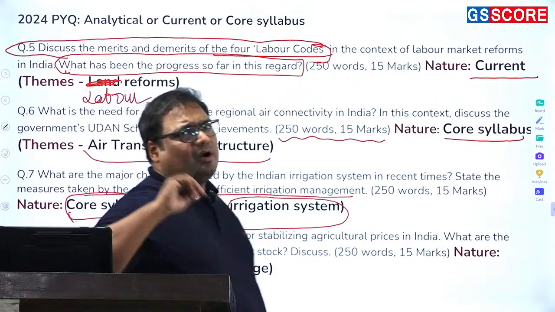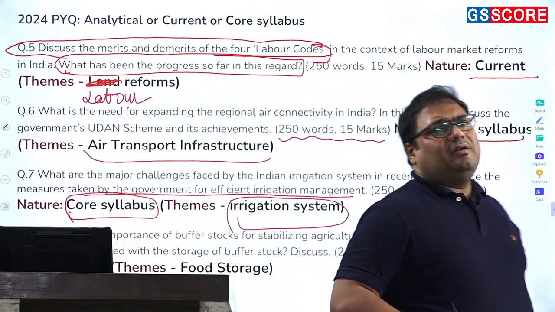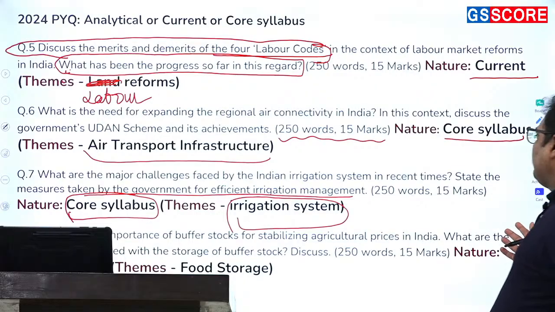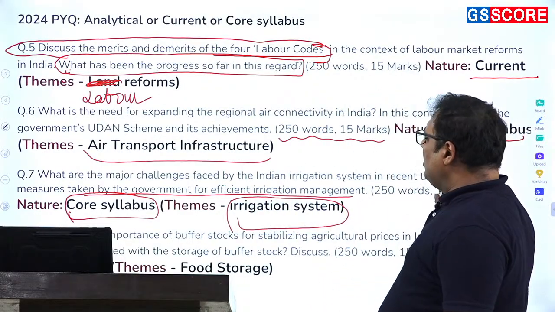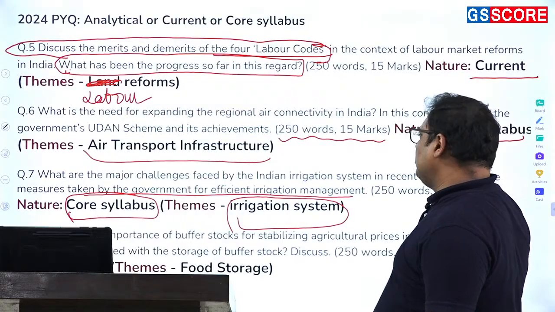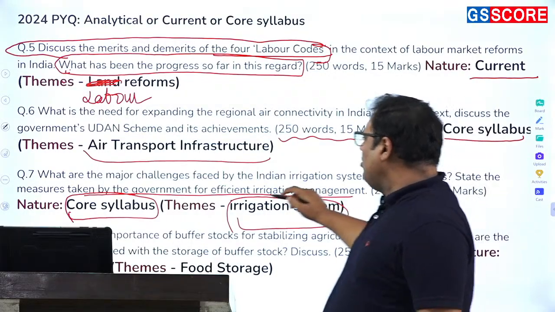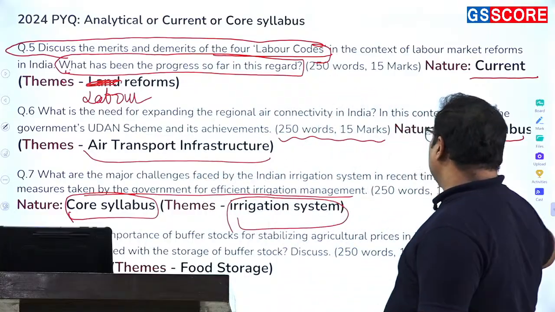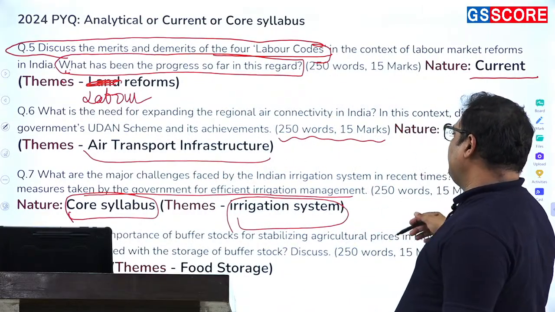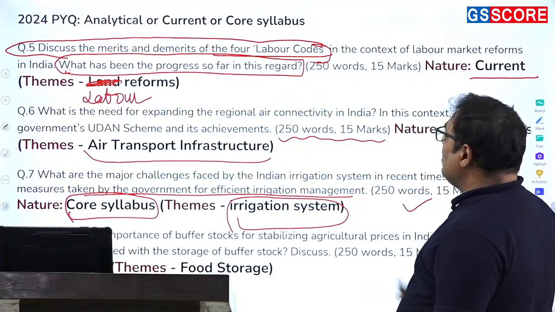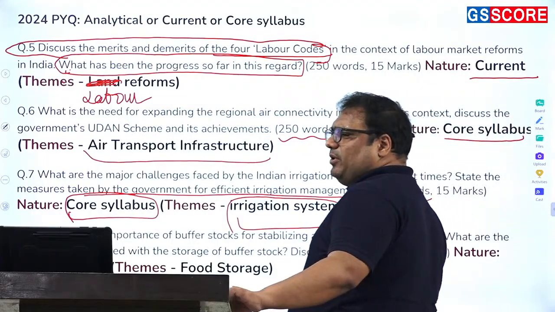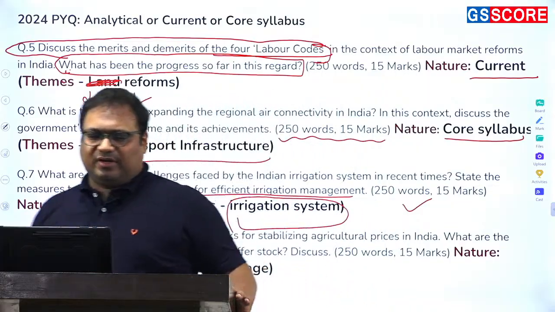Irrigation system is part of your syllabus, and it is not based on certain current affairs or on any application based topic. So directly you have to talk about the Indian irrigation challenges and the government steps. So a direct question from the syllabus. As I was saying, your syllabus related questions have been much more frequent in recent time.